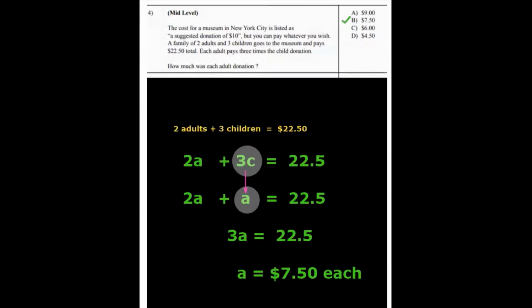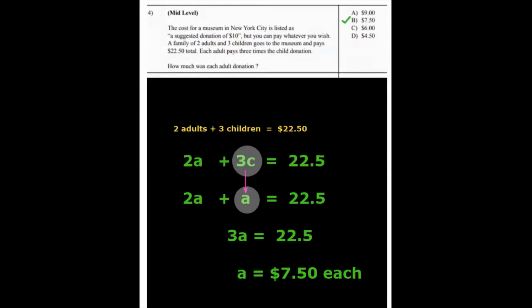So the adults or guardians here gave the museum a donation of $22.50 for all 5 of them to go to the museum. And we set up 2 adults plus 3 children is $22.50, meaning 2A plus 3C was $22.50.